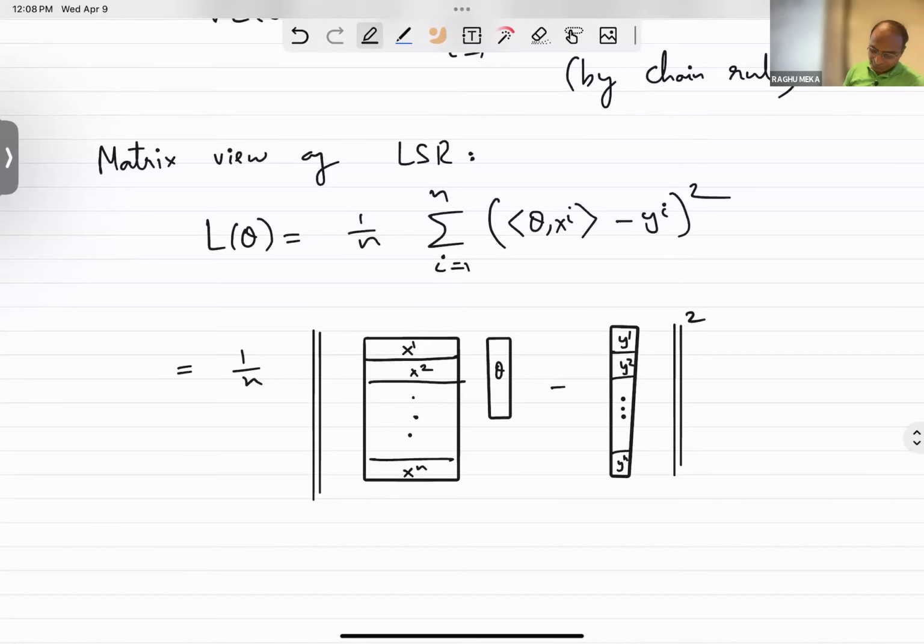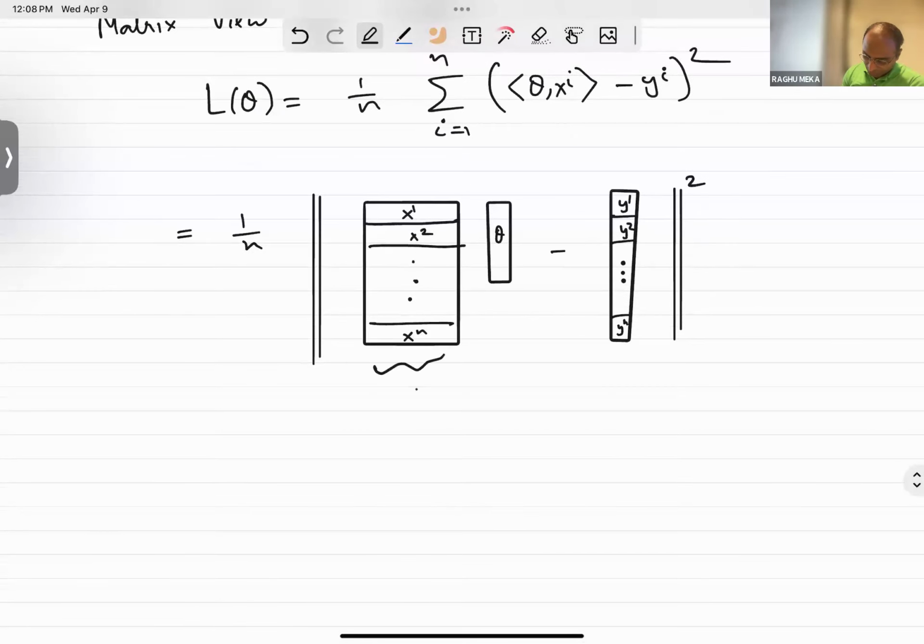So this is what I have. And if I call this matrix X and this vector Y, then this is just the norm square of the vector X times theta minus Y.